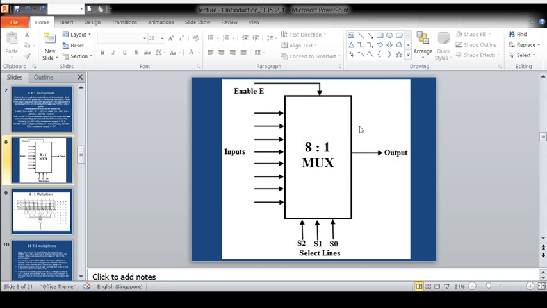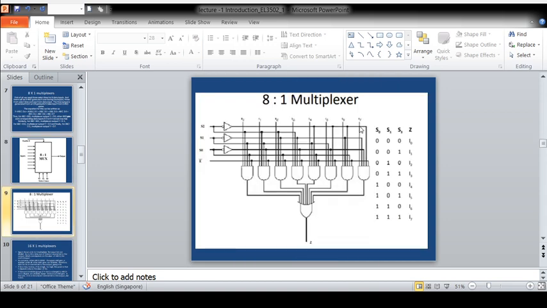Now, this is the block diagram, and this is the schematic circuit diagram for an 8 to 1 multiplexer. A truth table is also given with this circuit. You can see that A, B, and C with their complements, A bar, B bar, and C bar, are available, and the data inputs D0, D1, D2, D3 and so on are there.